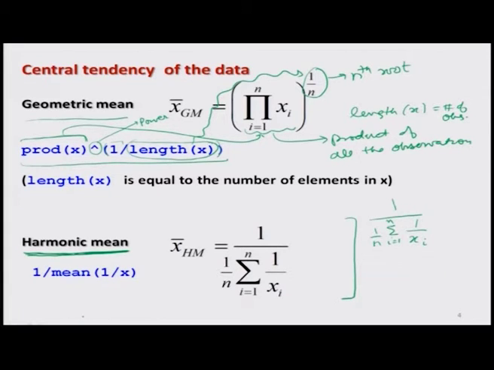There is no direct function to compute the harmonic mean in R. So, what we do is use the mean function and devise the syntax for computing the harmonic mean. This becomes simply 1 upon mean of 1 by x. So, this is how one can compute the harmonic mean in the R software.